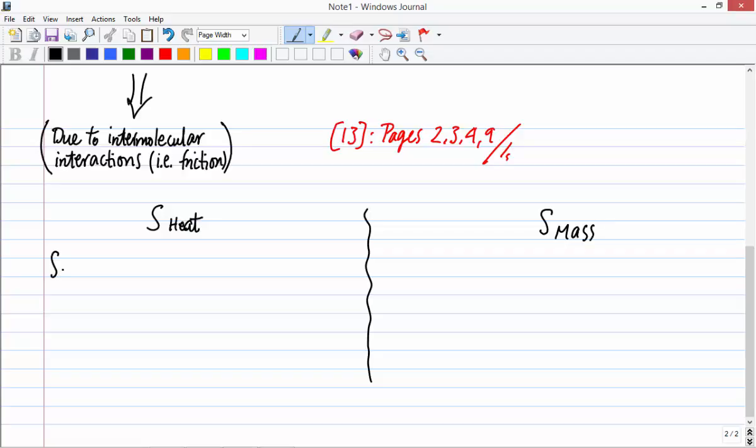So S heat is defined, sorry, on page 5 as well.